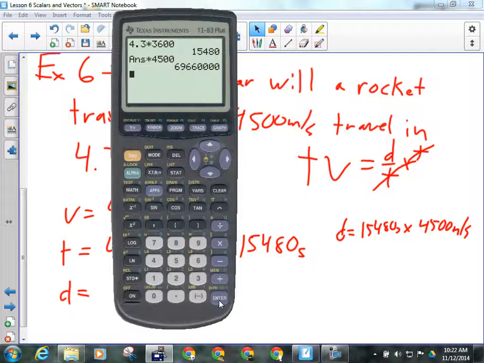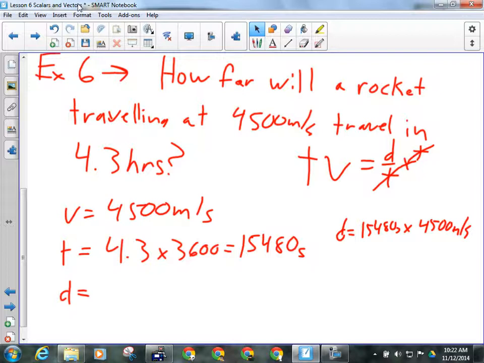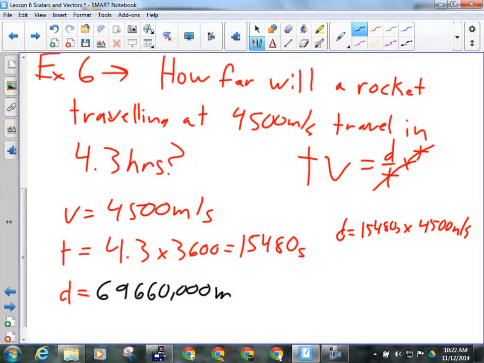But when you're talking about interstellar distances, that would still mean it would take a very long time to travel, even let's say between Earth and the Moon, or Earth and Mars or wherever. So while it seems very fast, in terms of the distances that have to be covered, it isn't all that fast. So we had 69,660,000 meters.